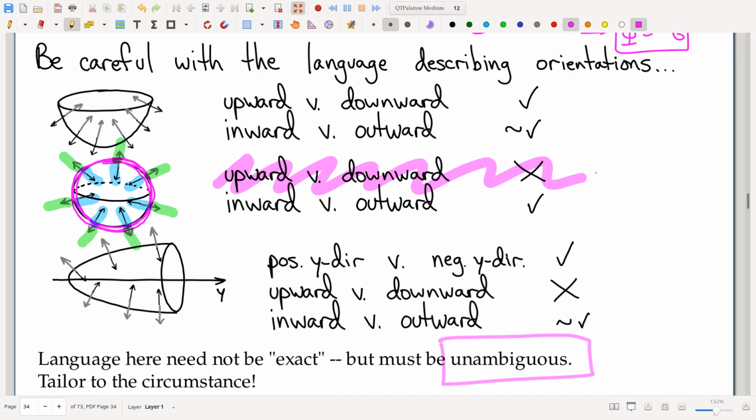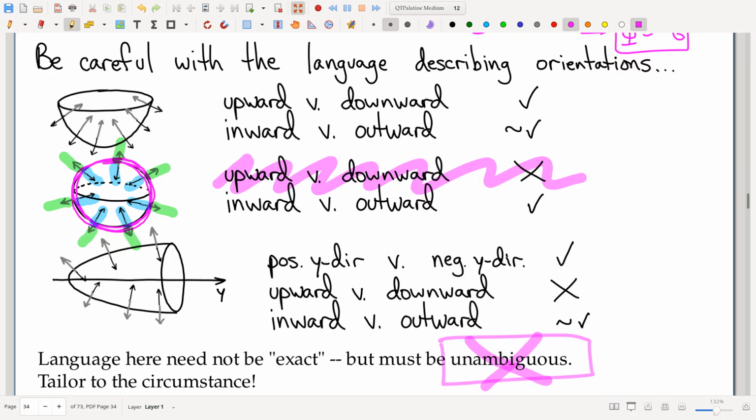The blue and the green orientations both have some vectors that are somewhat upward, and they both have some vectors that are somewhat downward. So upward and downward aren't unambiguous. They don't resolve the choice between the two actual options. So that would be terrible language.